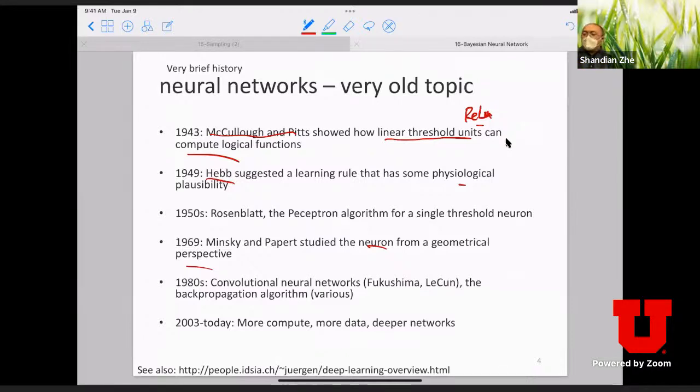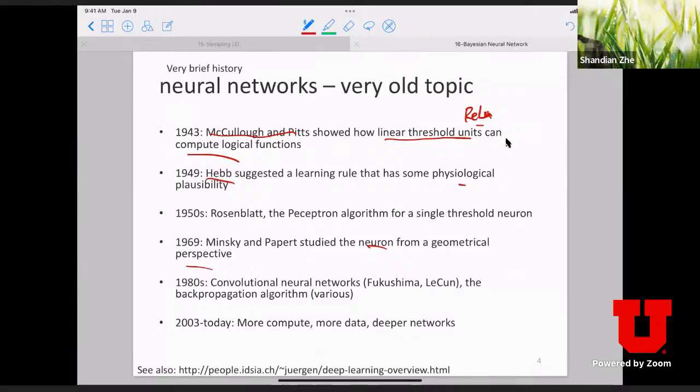If you have taken my machine learning class before, you should be able to recall that. There's a fundamental limitation of the perceptron algorithm, so that reduced researchers' confidence about the future of neural networks to the minimum.